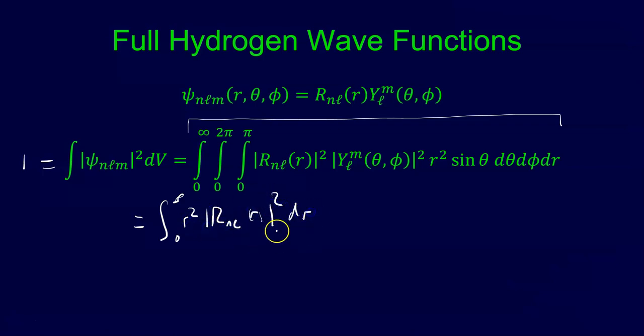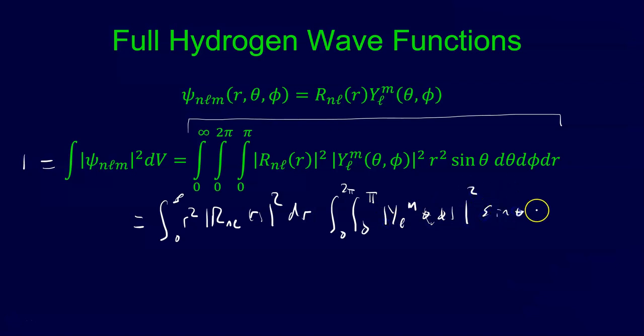That's basically the radial part. And then we have the part that would end up being the angular part, like so. And that would include the sine theta, d theta, d phi.